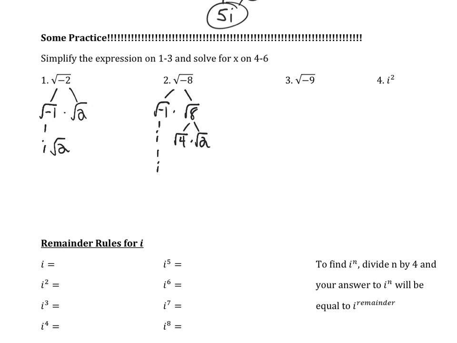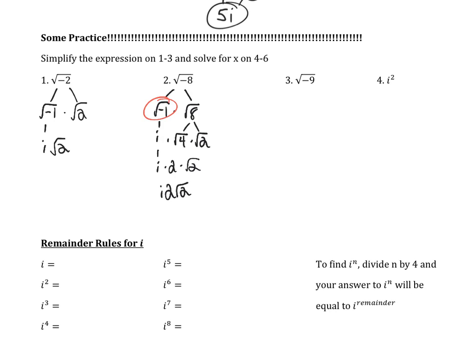Root 4 we know to be 2. And root 2 is just left as root 2. So I have i times 2 times root 2, which if we write it all together, is i 2 root 2. The number one thing I'd want you to take from this video, besides the idea of what i is, is that when you are simplifying, you always need to factor out the root negative 1 first. Really critical that we understand that.